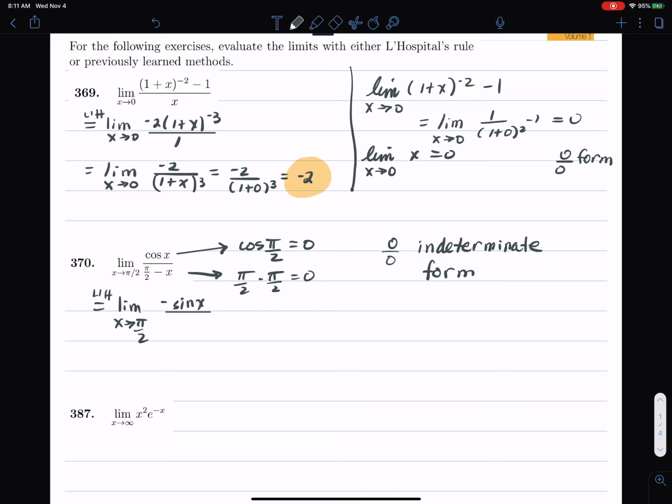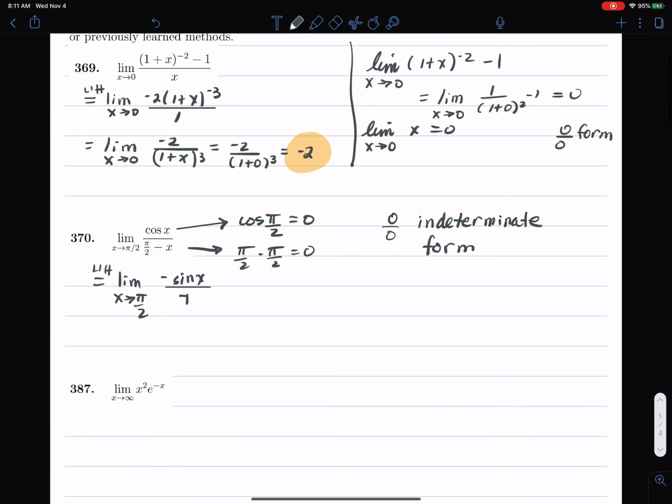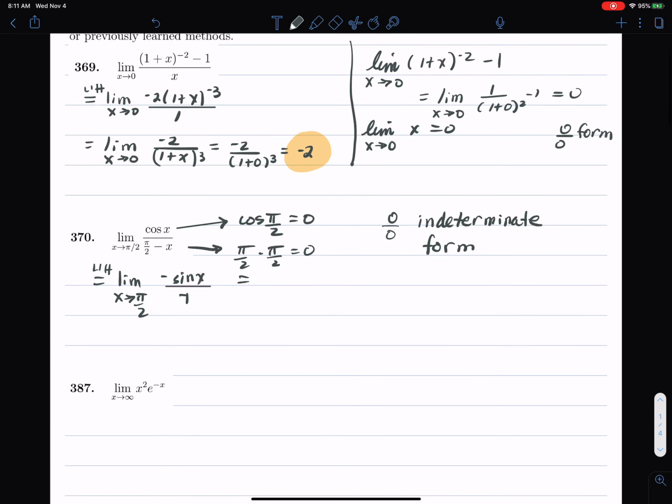The derivative of pi over 2 is 0. Okay, the derivative of negative x is negative 1. So now the negatives in the numerator and denominator cancel. And so I have just sine of pi over 2, and sine of pi over 2 is 1. So that's the limit. Let me move that down to create a little more room there.